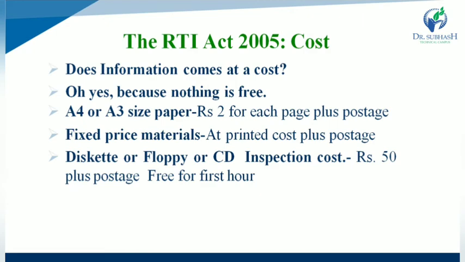In case of a diskette, floppy or CD, the inspection cost is 50 rupees plus postage, free for the first hour. So in the RTI Act, the cost for gathering information is: A4 or A3 paper, 2 rupees per page plus postage; fixed price material, printed cost plus postage; and diskette, floppy or CD, 50 rupees plus postage.